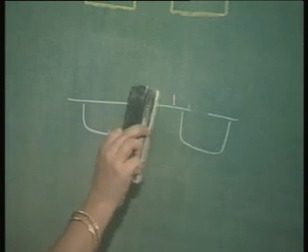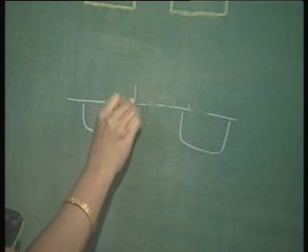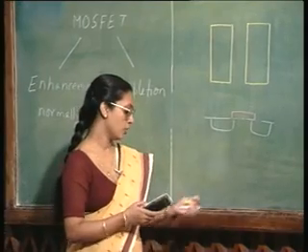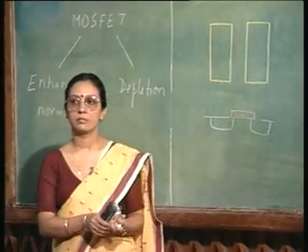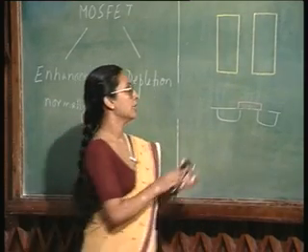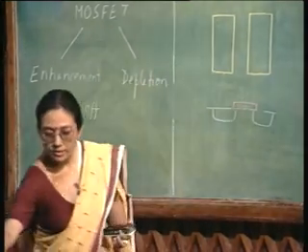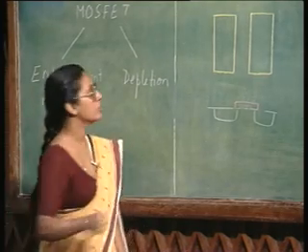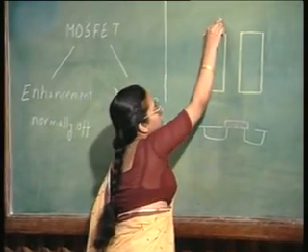Okay. So, in order to make sure that the channel extends all the way from source to drain, the mask for the gate oxide should be something like this.